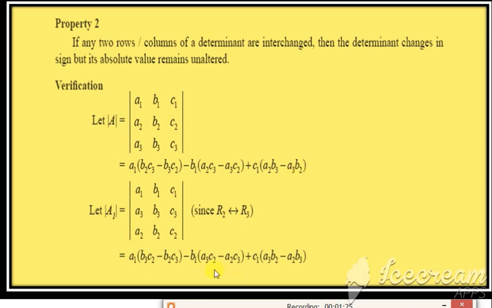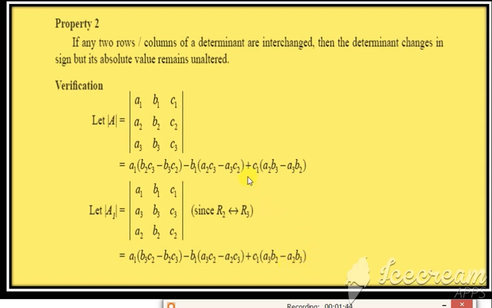Here A1 B3 C2 minus A1 B2 C3 minus B1 A3 C2 plus B1 A2 C3 plus C1 A3 B2 minus C1 A2 B3.